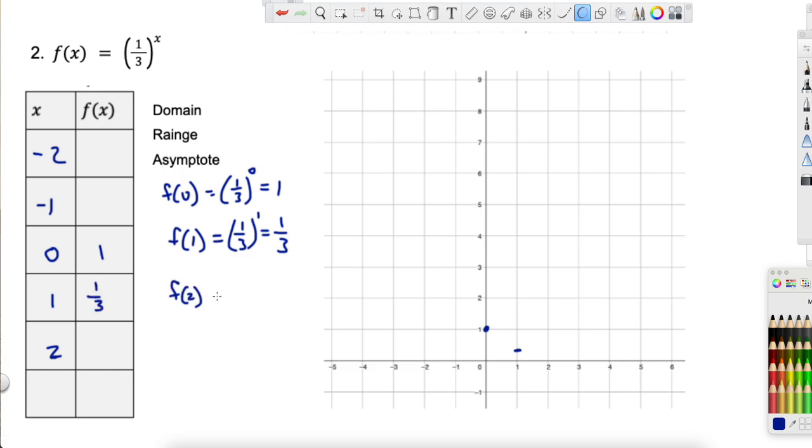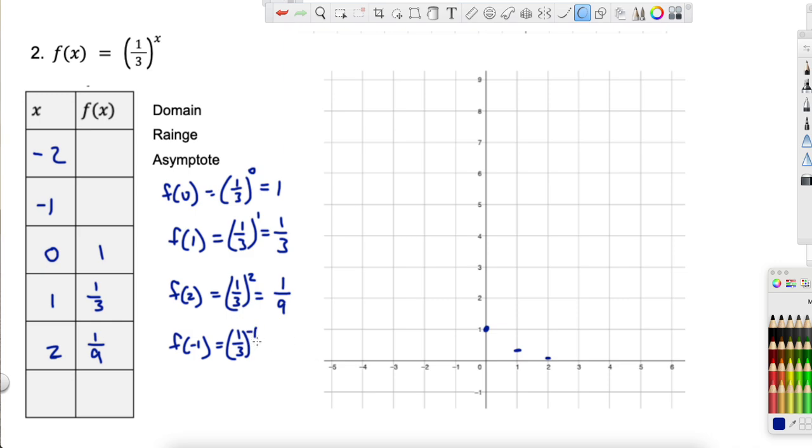f of 2 is 1/3 to the second power, which is 1/9. So we can see we're getting smaller and smaller as the x values increase. This is approaching 0 for y. Now we do -1. I get 1/3 to the -1 power.